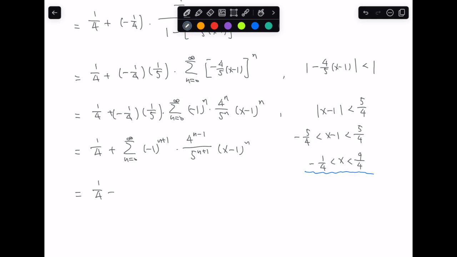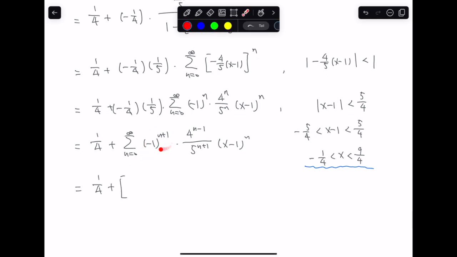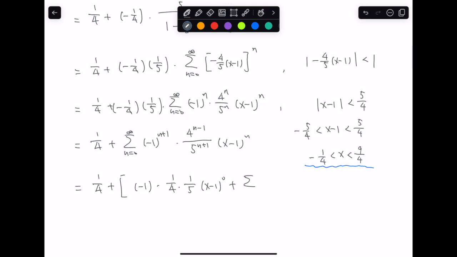Then, like before, we're going to split this series into the constant term where n is equal to 0, so we have a negative 1, the first term, and then 4 raised to negative 1, so that's 1 over 4, and then 1 over 5. n equal to 0 gives us this 1 over 5, and then x minus 1 raised to 0, and then the rest of the series from 1 to infinity.